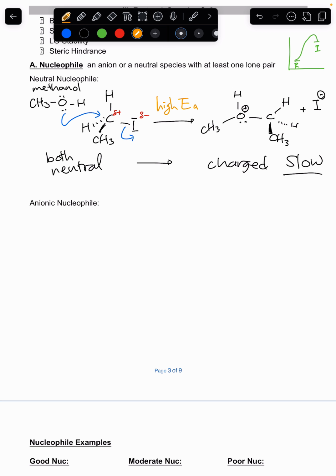Now, what if you have an ionic nucleophile? Here's a methoxide, with the same electrophilic substrate.